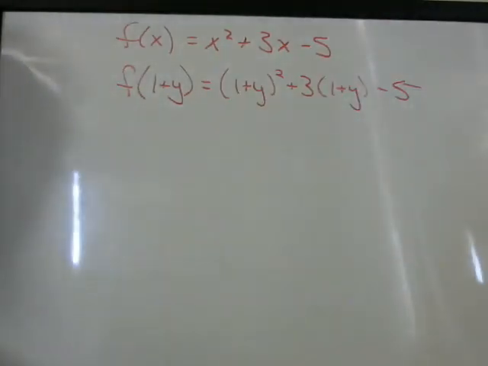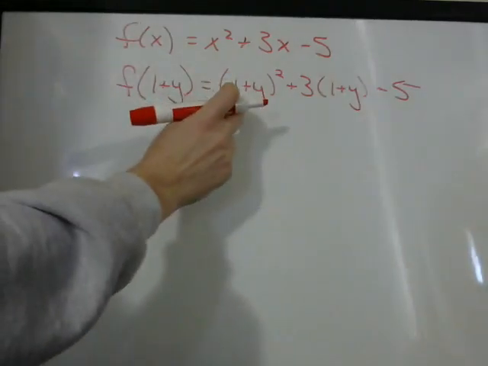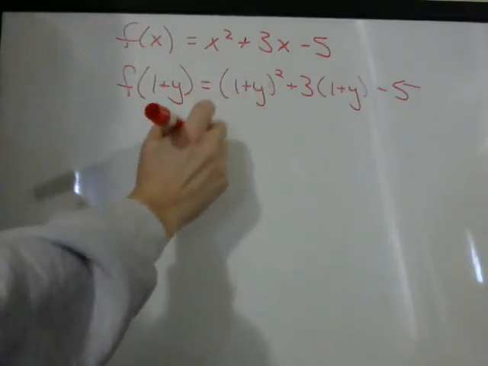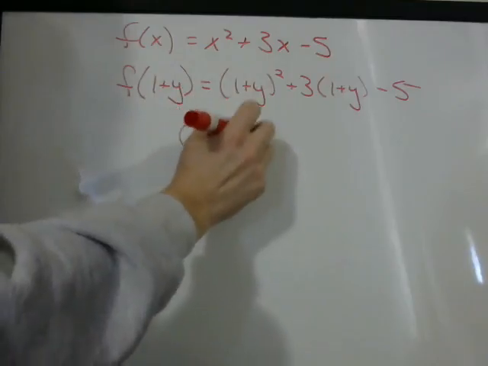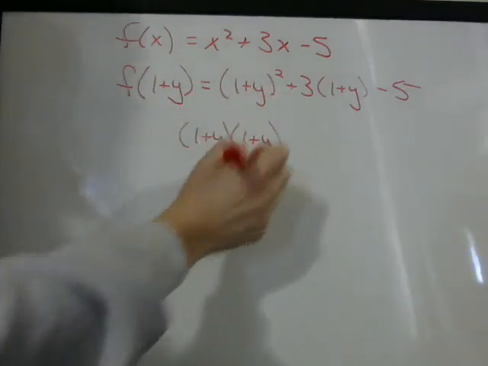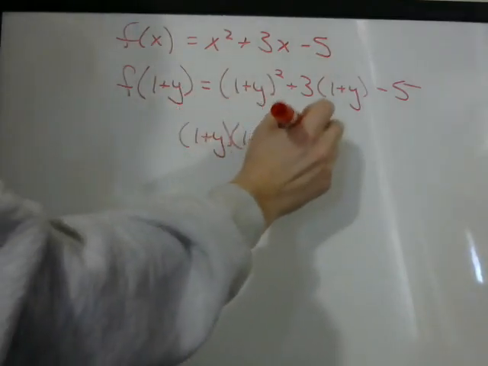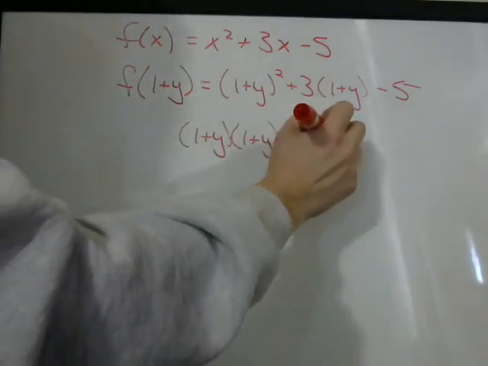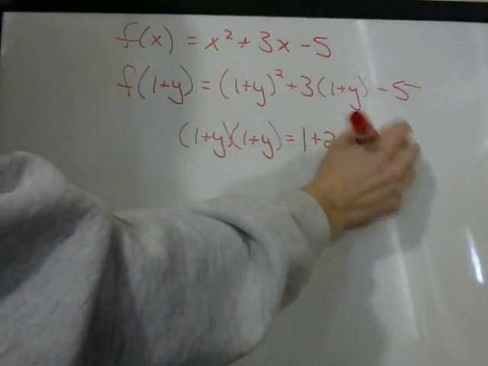Now here you need to know a little bit of algebraic processes and polynomial processes. If you go back and look at some of these things, how do you do 1 plus y squared? It's 1 plus y times 1 plus y. There's a video on how we do FOIL, so I'll just do it quickly here. You're going to end up with 2y plus y squared.